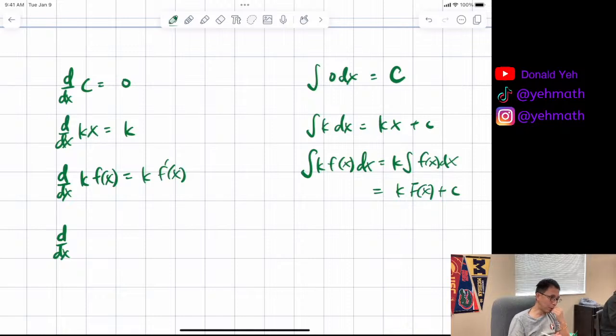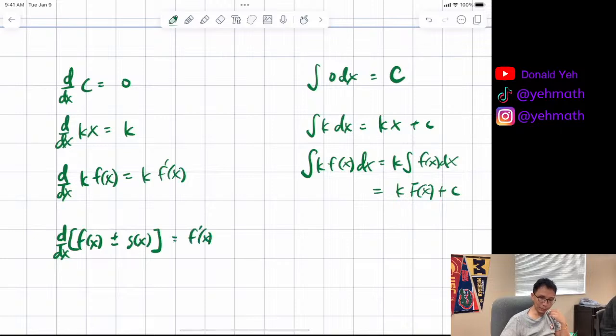Okay, so now what we're going to say is, hey, there's a rule that says for f(x) plus or minus g(x), if you take a derivative of that, it's going to be f'(x) plus or minus g'(x). You can break it up into two separate parts. This is very important for today's purpose. It's very useful.